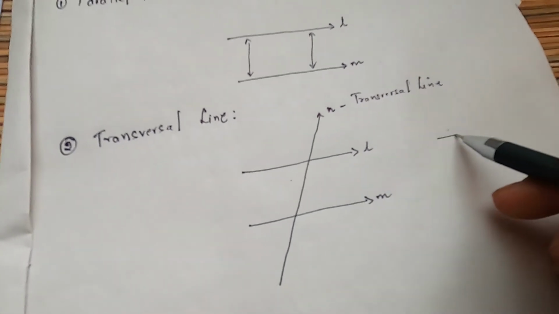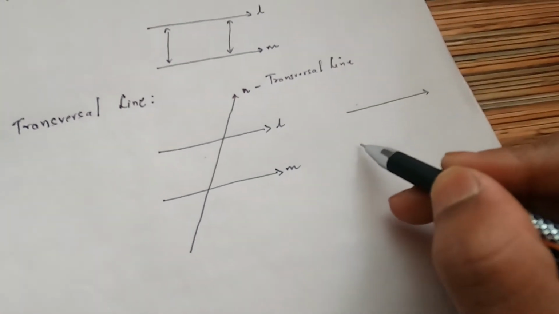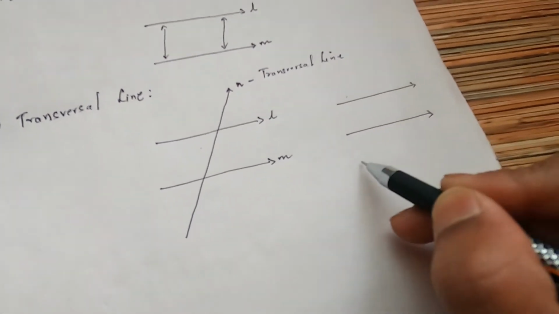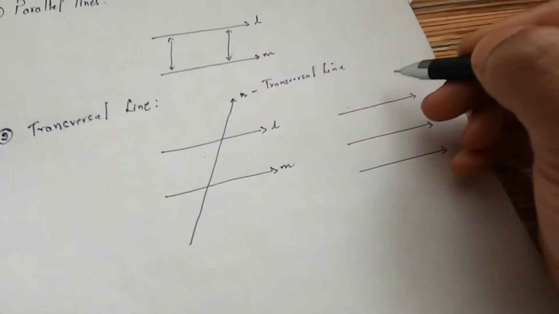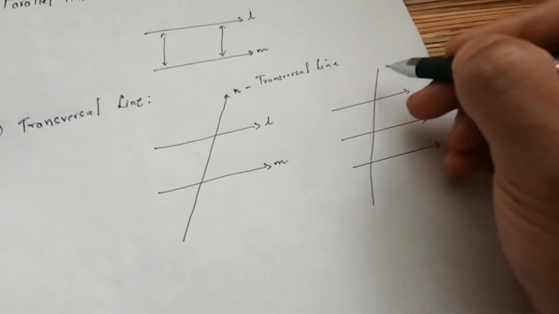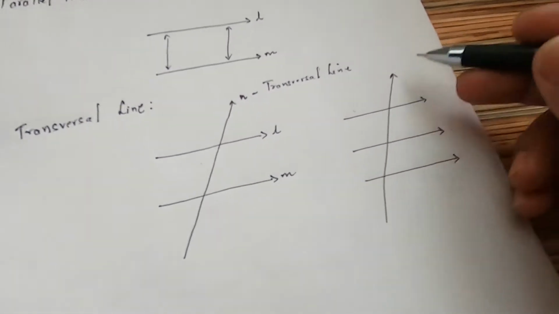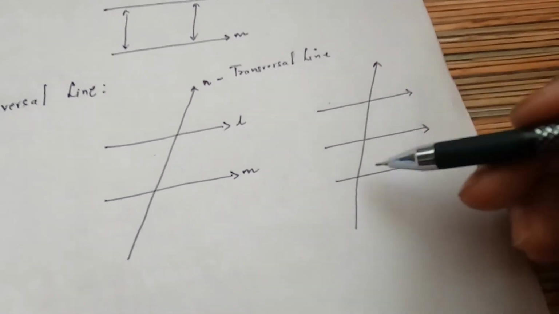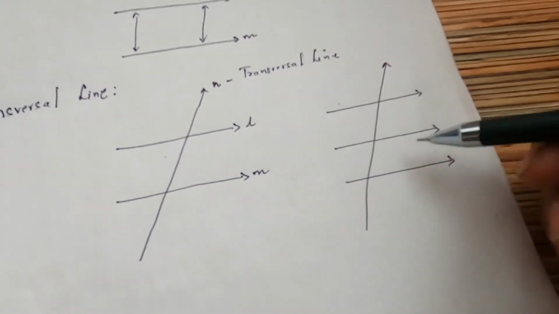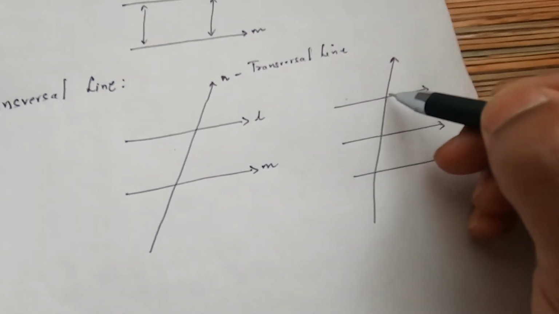So I can also show another example. In this case we have three lines. So basically a transversal line is a line that cuts or meets the three parallel lines at distinct points.